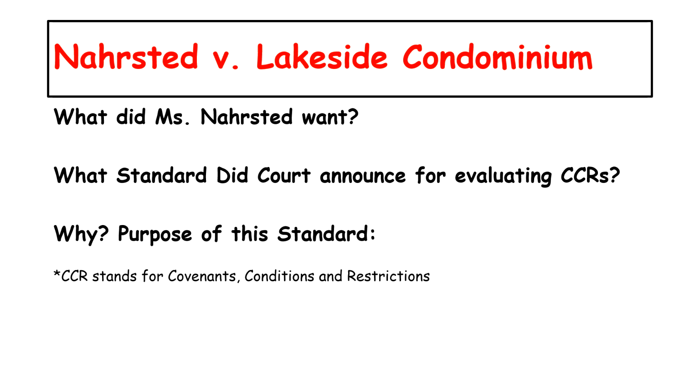Right? The appellate court rejects that. The court rejected the idea that the reasonableness of CCRs was an individualized showing based on individual circumstances, and also rejected the idea that the HOA had to demonstrate reasonableness.